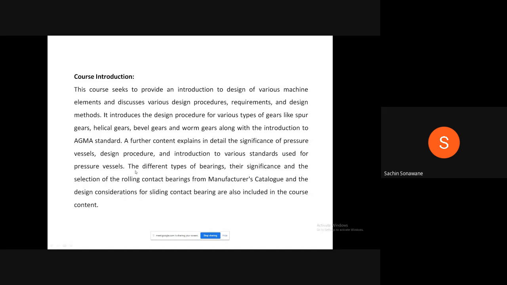The different types of bearings, their significance, and the selection of the rolling contact bearings from manufacturer's catalog, and the design considerations for sliding contact bearing are also included in the course content. Therefore, this is overall information of this course. Course means subject.